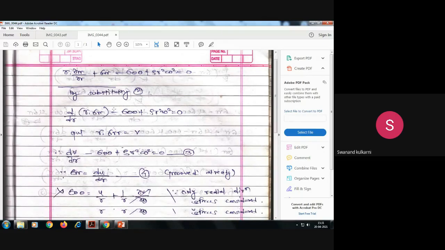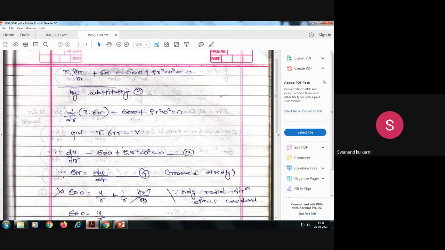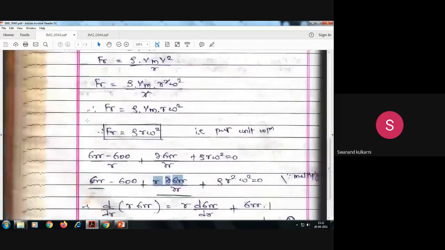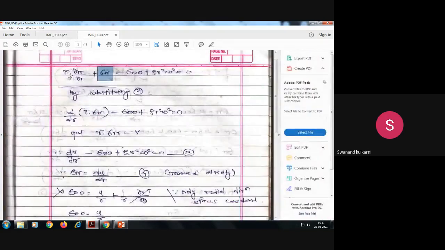So if we substitute here, d upon dr is substituted here. These two parts now, the sigma rr that was there, and at the same time the second part, r into d sigma rr upon dr, both these parts can be replaced with d upon dr of r into sigma rr. Is it okay?